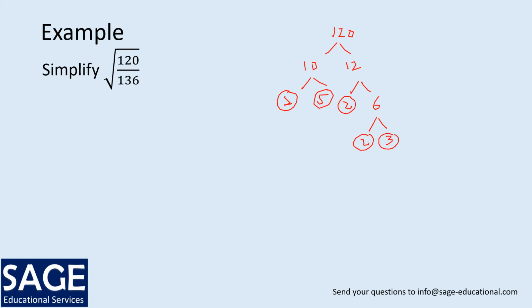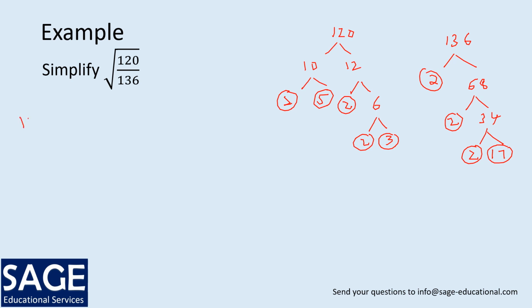In a similar way, I need a prime factorization for 136. Let me grab my calculator, 136 divided by 2 is 68, and 2 is a prime number. 68 gives me 2 times 34, and 34 gives me 2 times 17. So now I have my prime factorization for 136 as well.